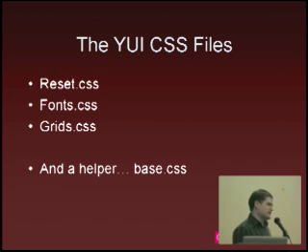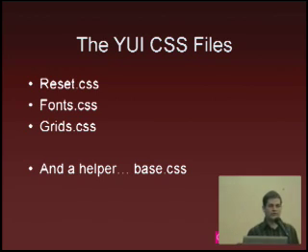And the last one, this is really the file that what it's all about, is the grids.css, and this is the abstracted CSS file that will allow us to make multiple layouts with the same CSS, so we can nest grids and do all kinds of cool things. And they add another one. It's not really part of the system.